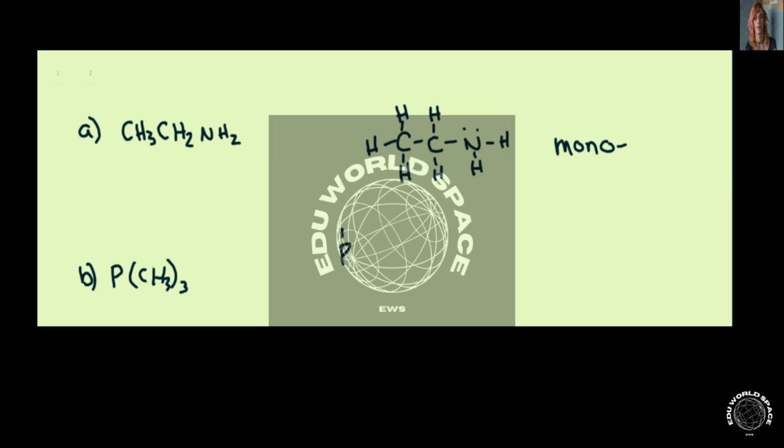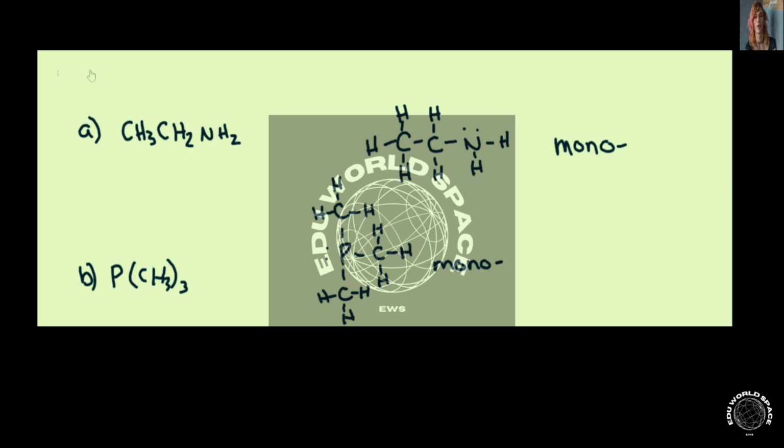So we're going to draw C, H, H, H, draw those bonds, C, H, H, H, and one more, carbon, hydrogen, hydrogen, hydrogen, show those bonds, and then there's going to be one lone pair left on this phosphorus. And again, there's only one center that is electron rich, so this molecule is going to be monodentate.